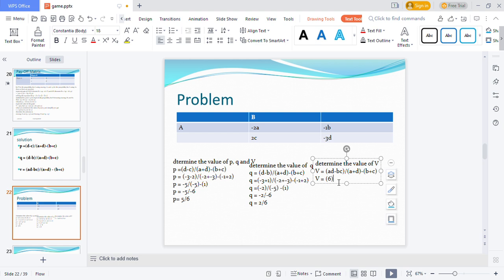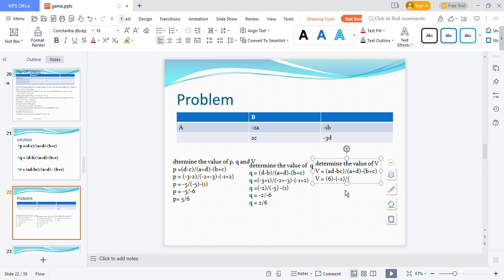You close the bracket, minus -1 times 2. You get -2. Divide by, open the bracket, A plus D.